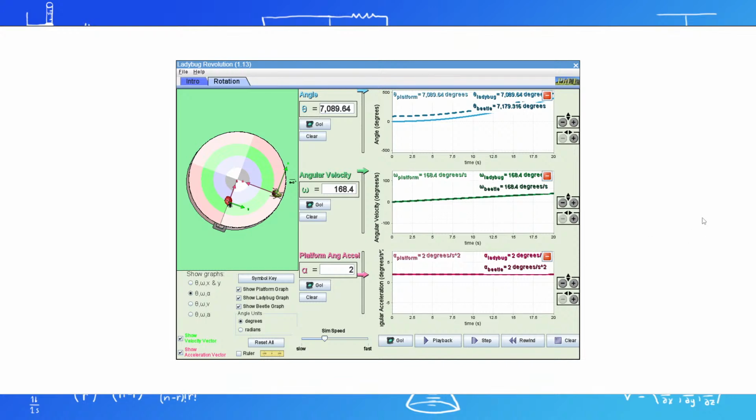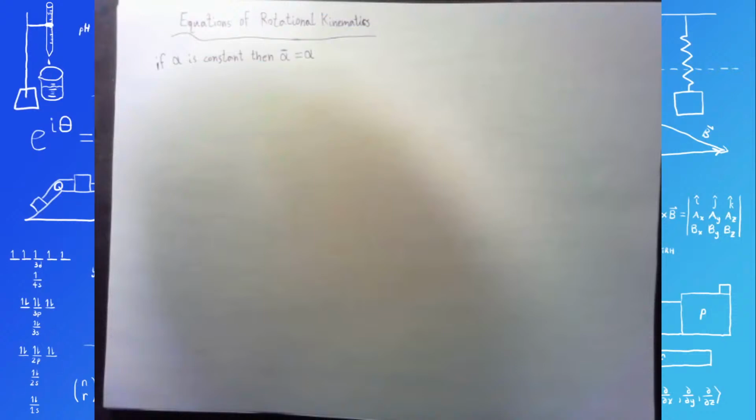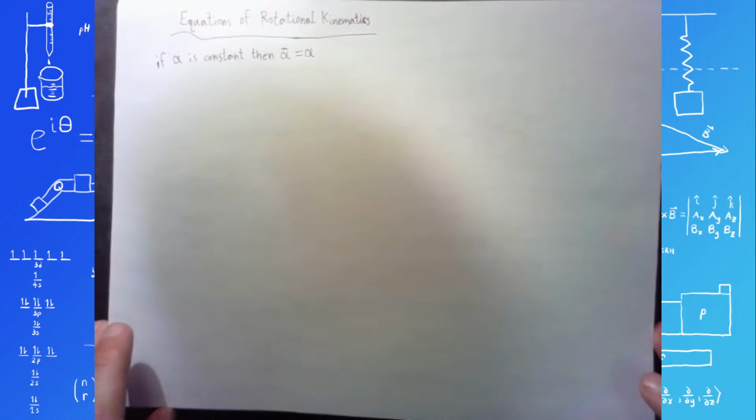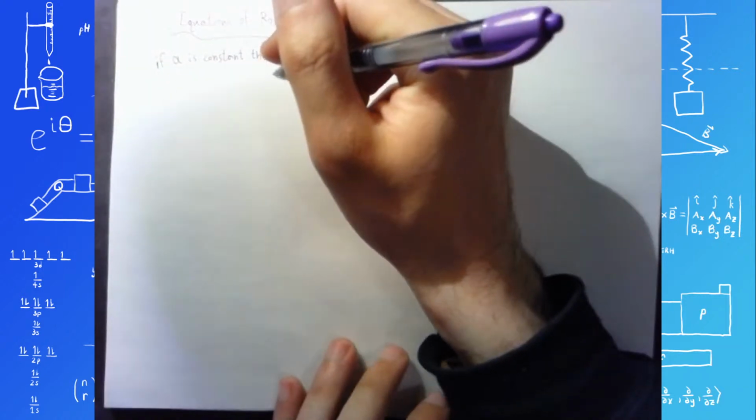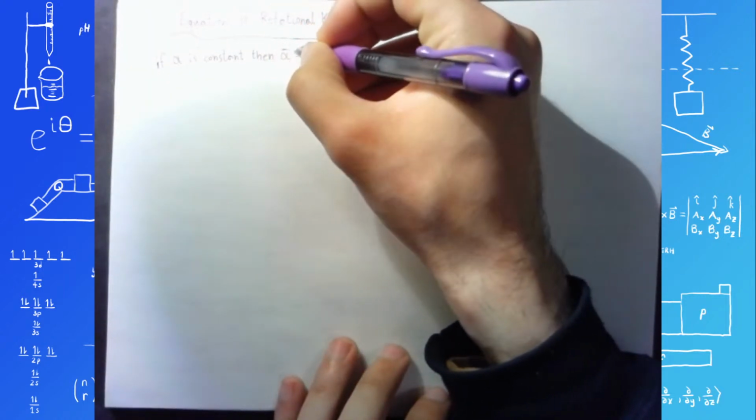This should look familiar. This is the series of graphs that we get for an object accelerating from rest with regular acceleration. So you shouldn't be surprised with what comes next.